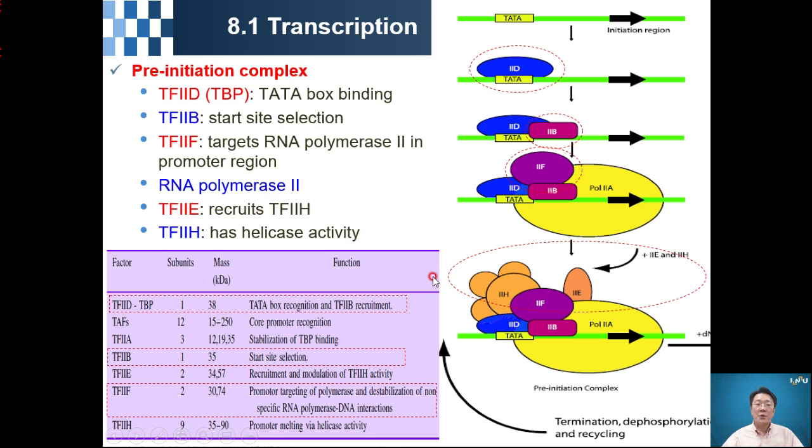The main function of H is that it has helicase activity, so the main function is promoter melting. It will unwind the DNA region, and after that it can initiate transcription like this. So each of the basic transcription factors has a specific function, starting from 2D, 2B, 2F, RNA polymerase 2, and after that E and H.